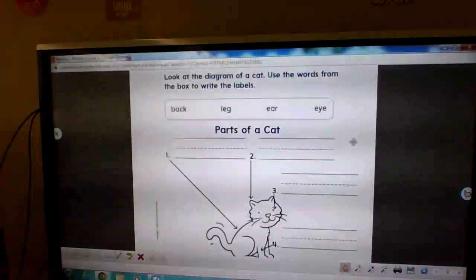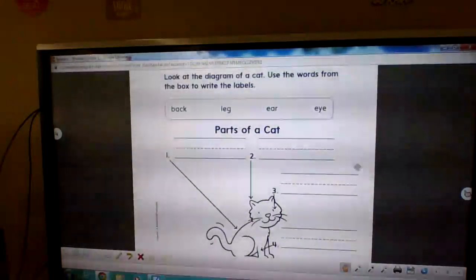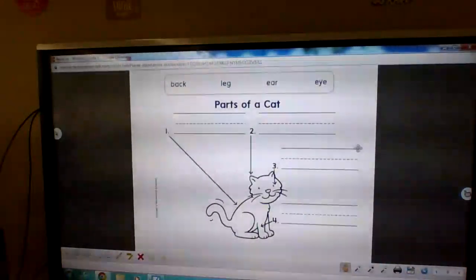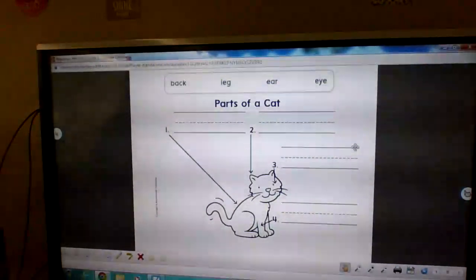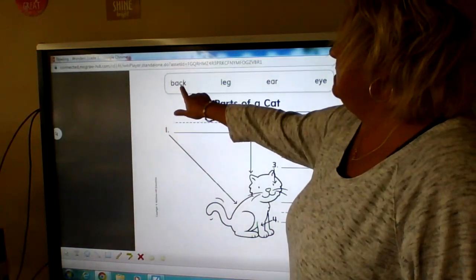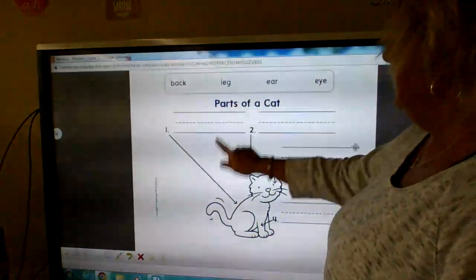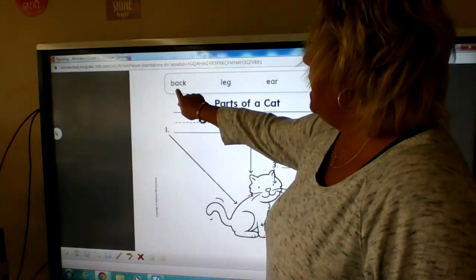Look at the diagram of a cat. Use the words from the box to write the labels. Okay? This is a diagram of a cat. The whole thing is called a diagram. These are the labels, and we need to put the labels where they go. Okay? Back.